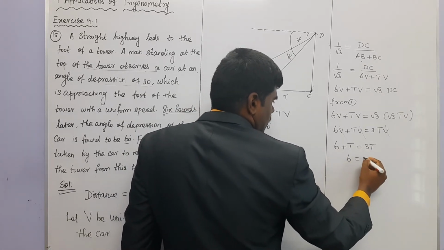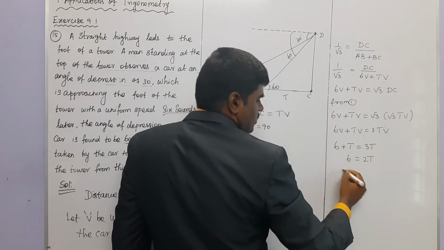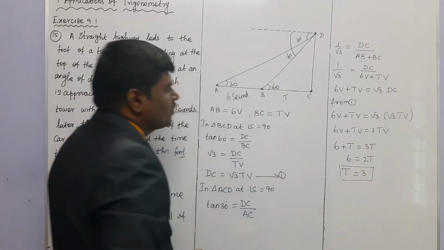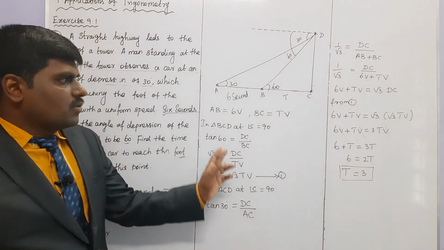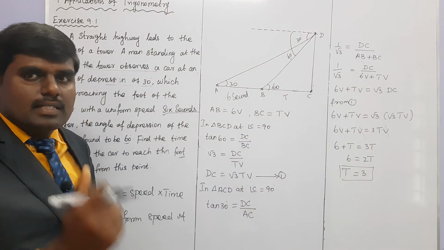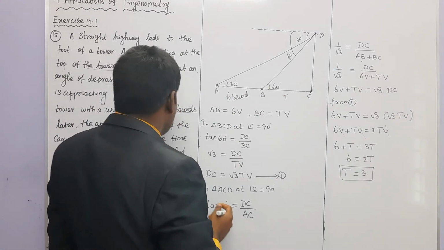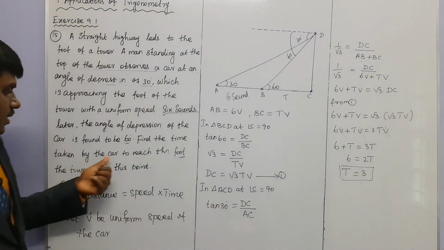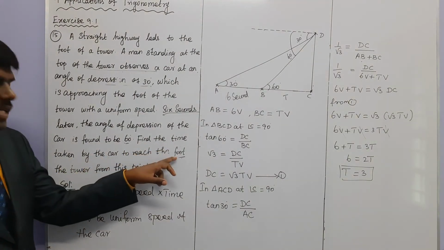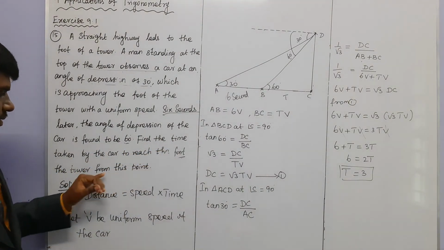Therefore, 6 is equal to 2T. Dividing, T is equal to 3. So the time taken by the car to reach the foot of the tower is 3 seconds. What's the question? Find the time taken by the car to reach the foot of the tower from this point.